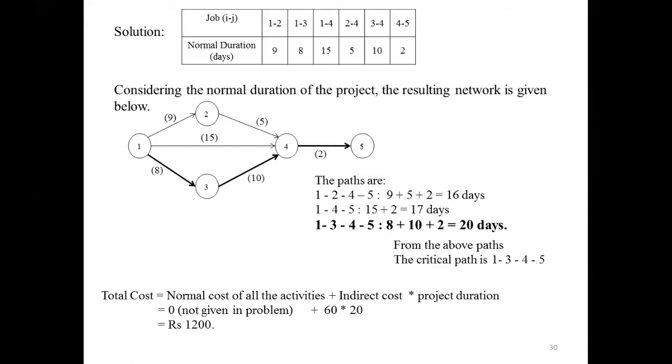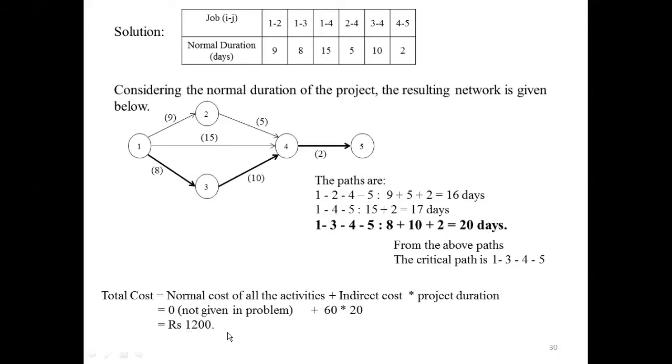The indirect cost is given as 60 rupees, and the normal project length is 20 days, so the project duration is 20. The total cost we get is rupees 1200.